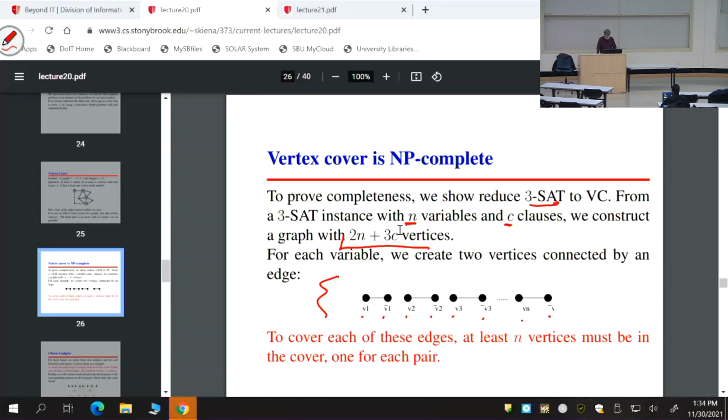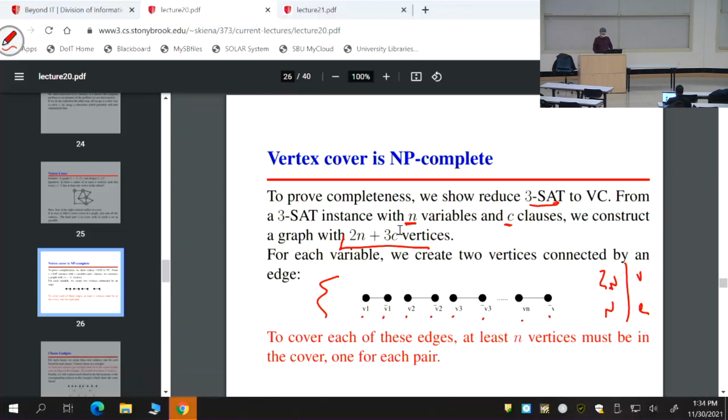And I'm going to connect each vertex by an edge to its complement. Now, so far, I have a graph with 2n vertices and n edges. Does everybody see that? See what my graph is? It's just n isolated edges here.